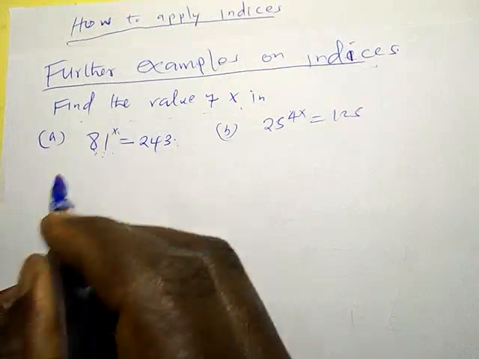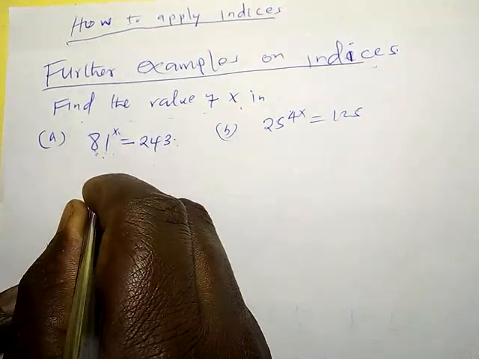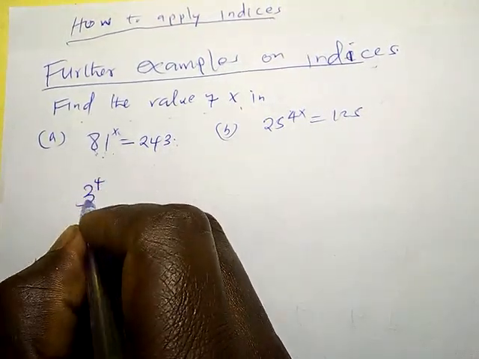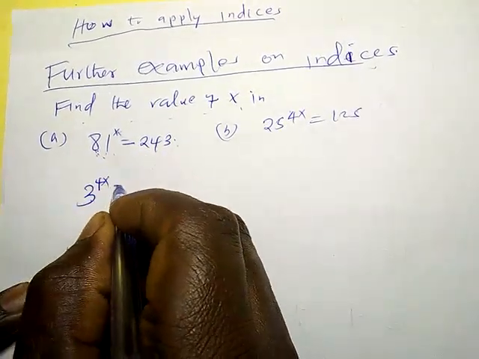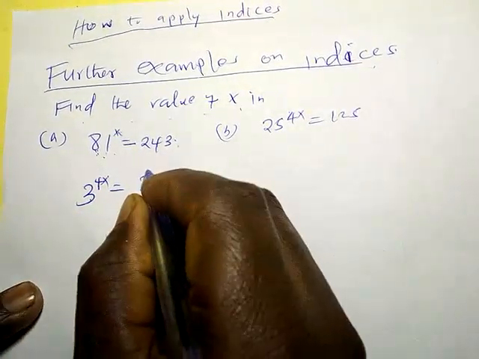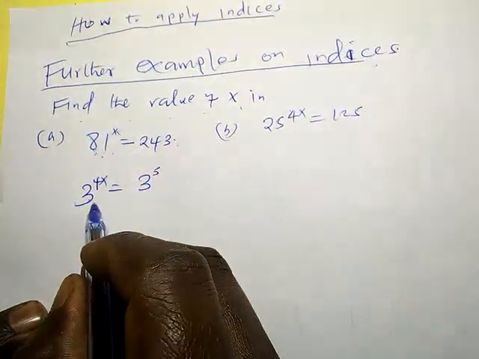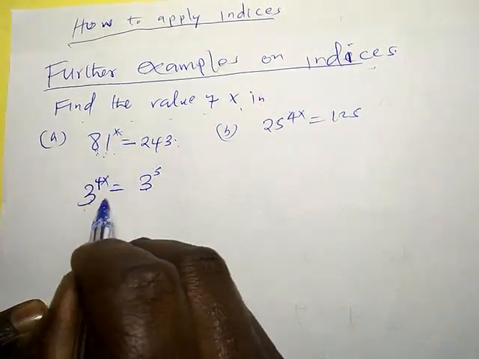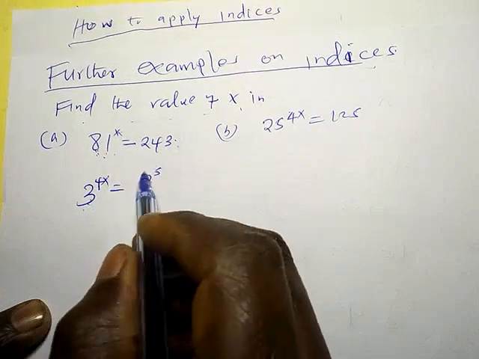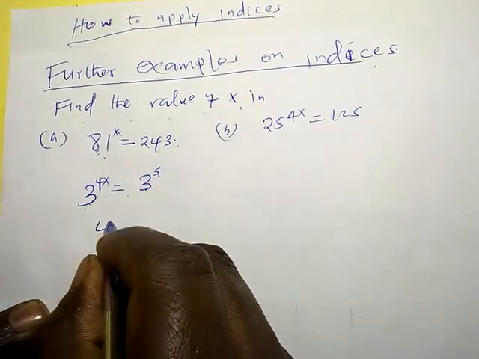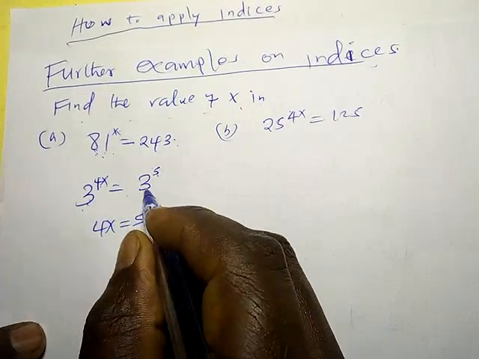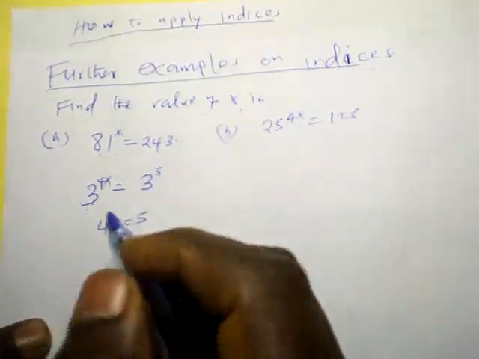For 81 we know 3 goes there 4 times, so 3 raised to power 4 is 81. And 243 is 3 raised to power 5. Now when the bases are the same, you ignore them and equate the powers. So 4x equal to 5.